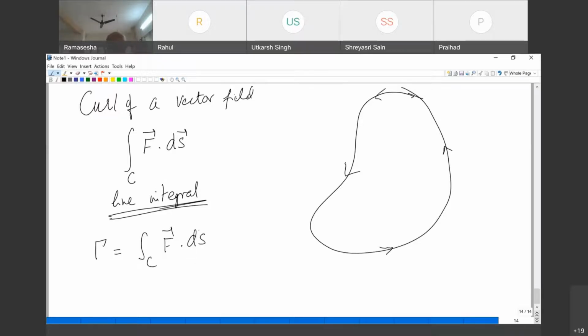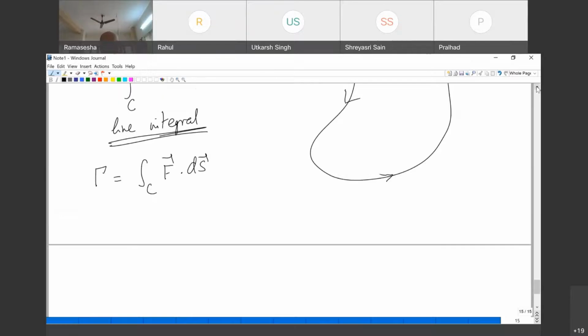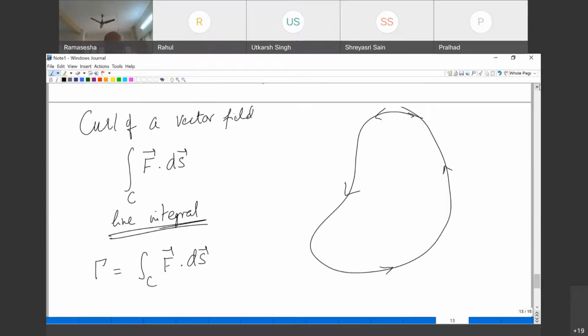Now I can subdivide it, as I did in the earlier case. The way I subdivide it is, I will take another path which goes through this and goes through this.